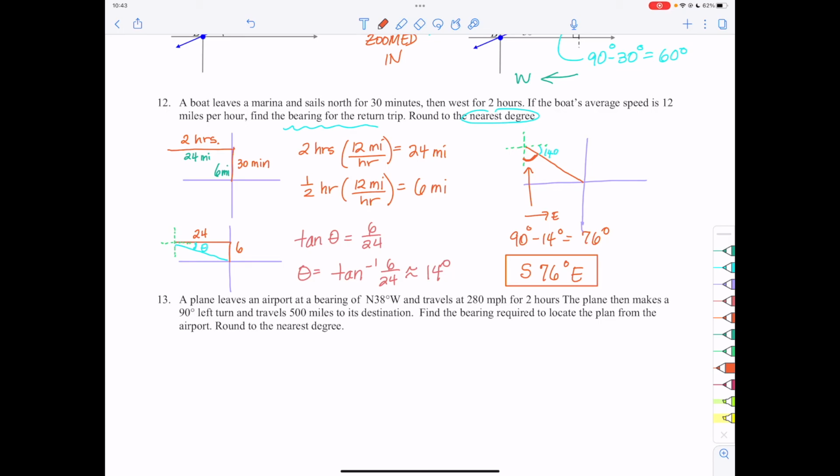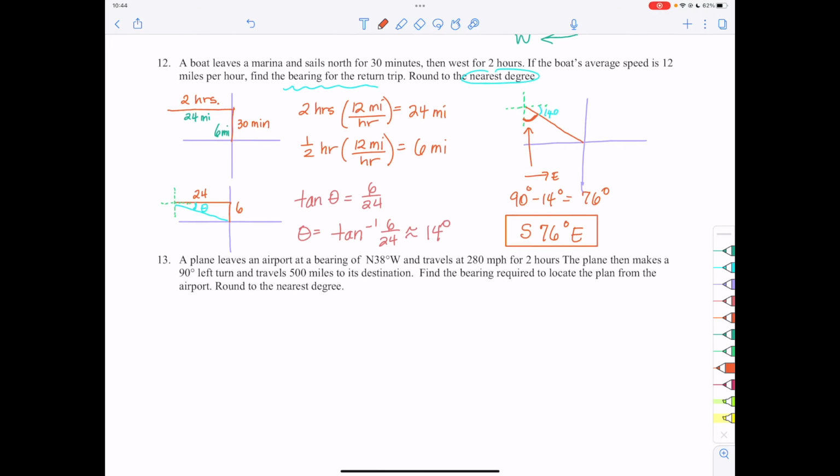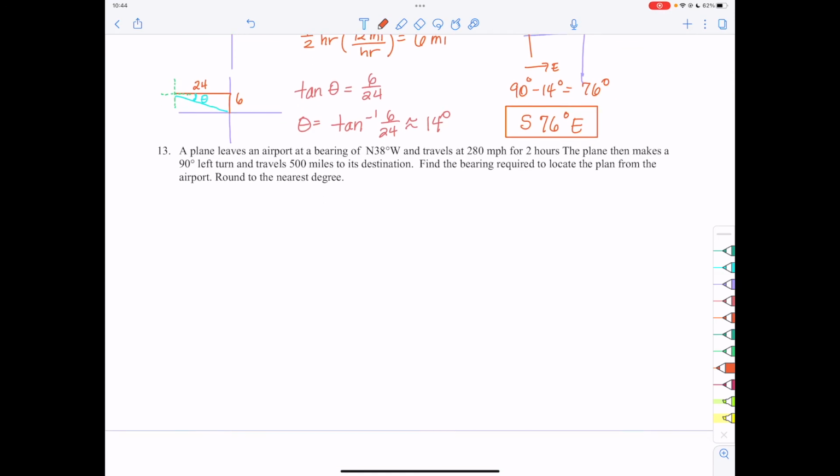Okay, and looking at number 13, we have a plane leaves an airport at a bearing of north 38 degrees west and travels 280 miles per hour for 2 hours. And the plane then makes a 90-degree left turn and travels 500 miles to its destination.